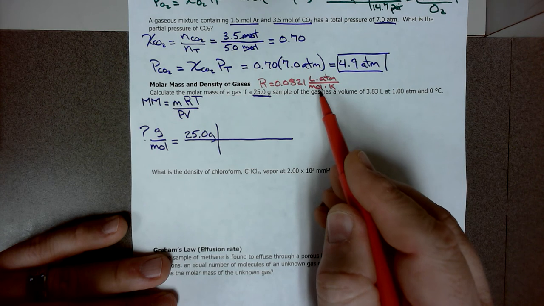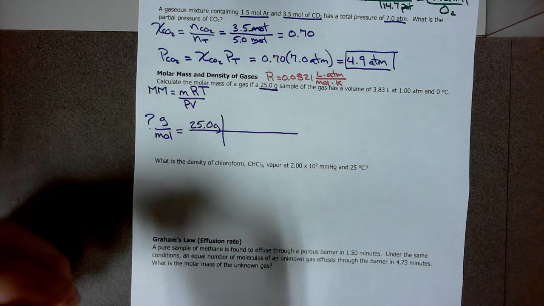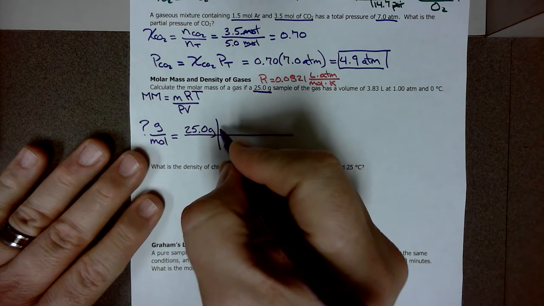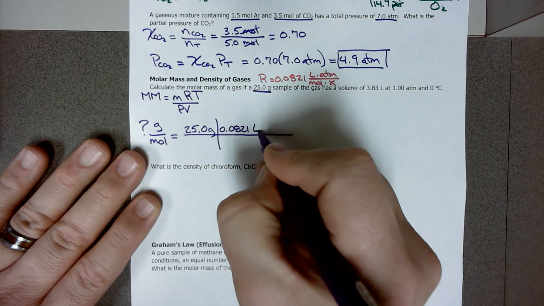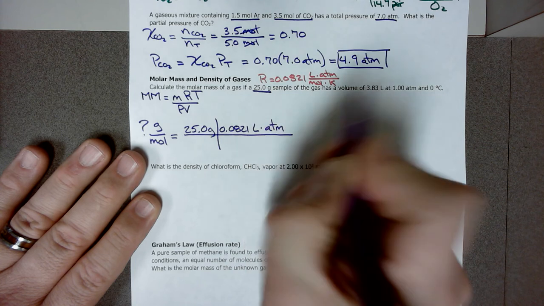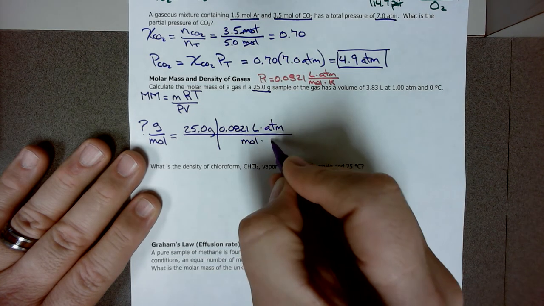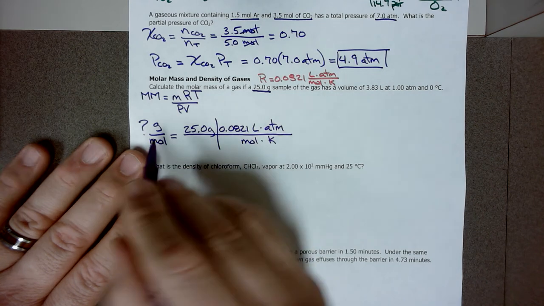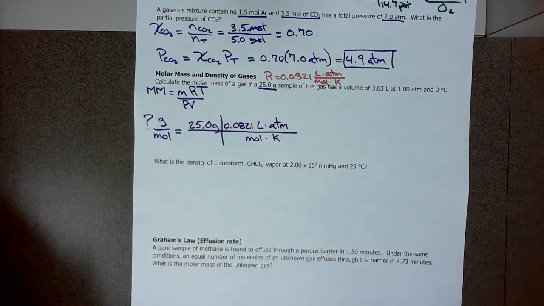So I'm going to use R next, and I'm going to make sure that the mole unit is on bottom. So that's going to be 0.0821 liter atmospheres over mole Kelvin. Now I have grams per mole. I have the units that I want. So I'm in good shape for those units.